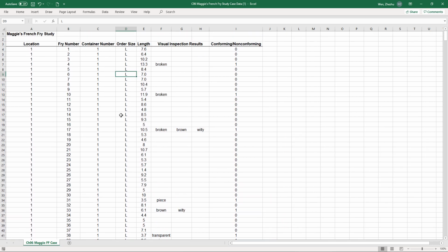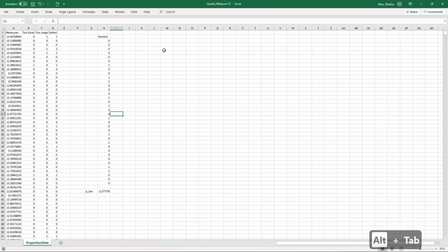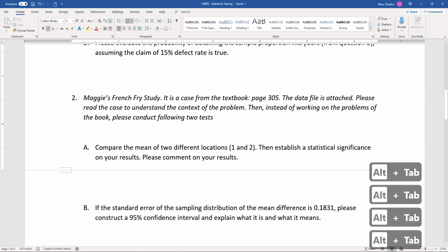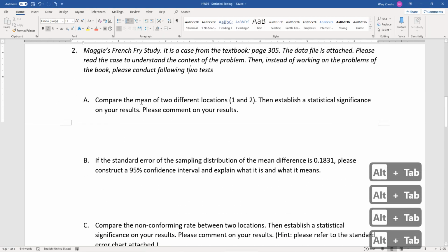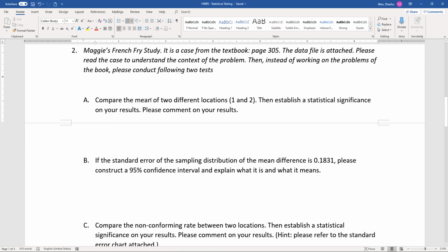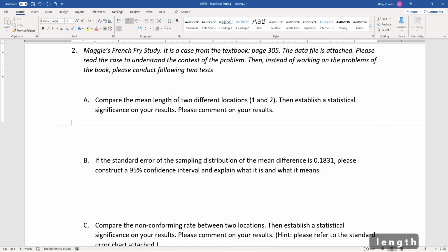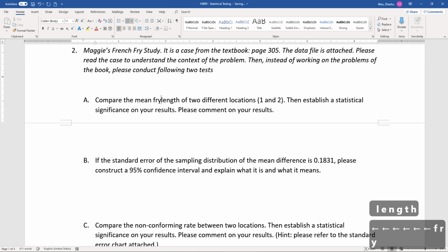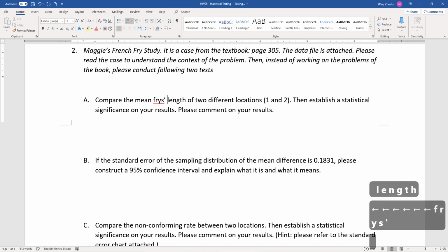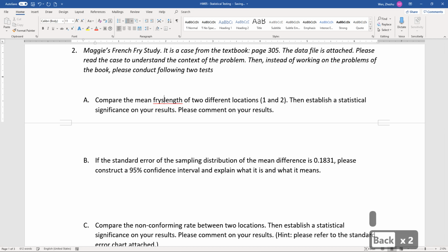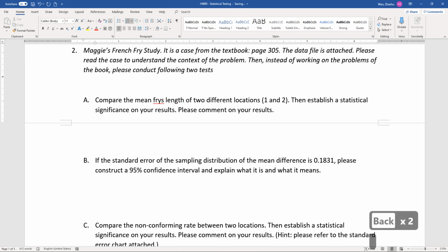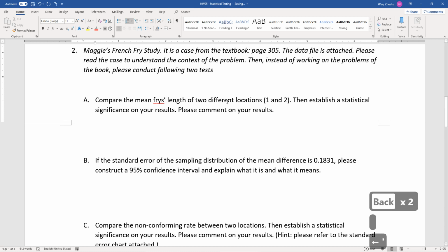Here, I think the first question is asking you to compare the mean of two locations. I should say compare the mean fries lengths of two locations, then establish a statistical significance.